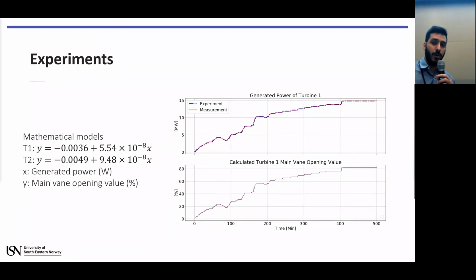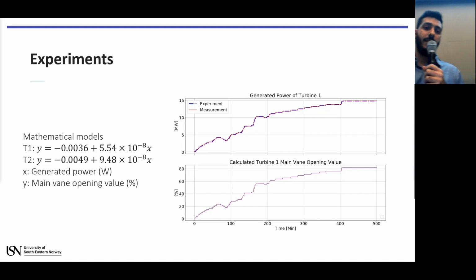The mathematical models of the two turbines obtained through the procedure are shown here as T1 and T2. As expected, they are similar, but they are different due to the different parameters that we saw before, the ratings and also the efficiency and all the different parameters that we summarized.